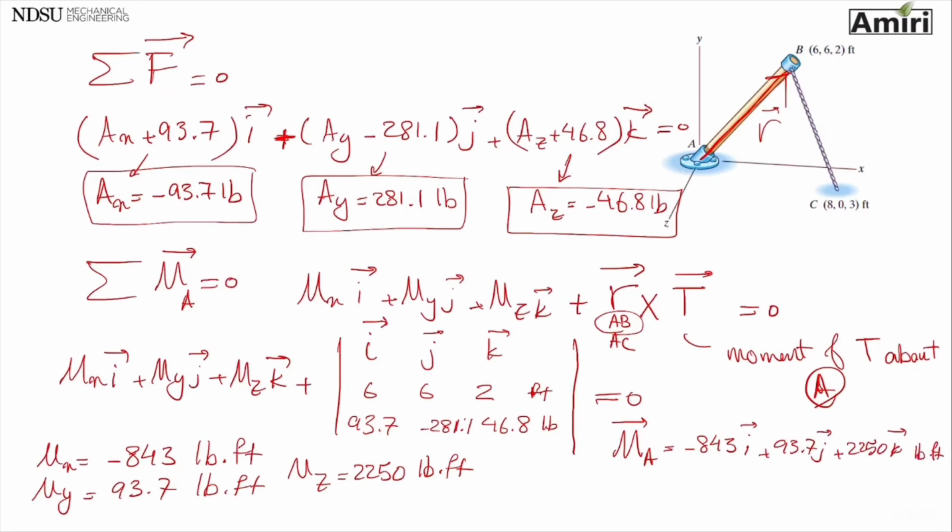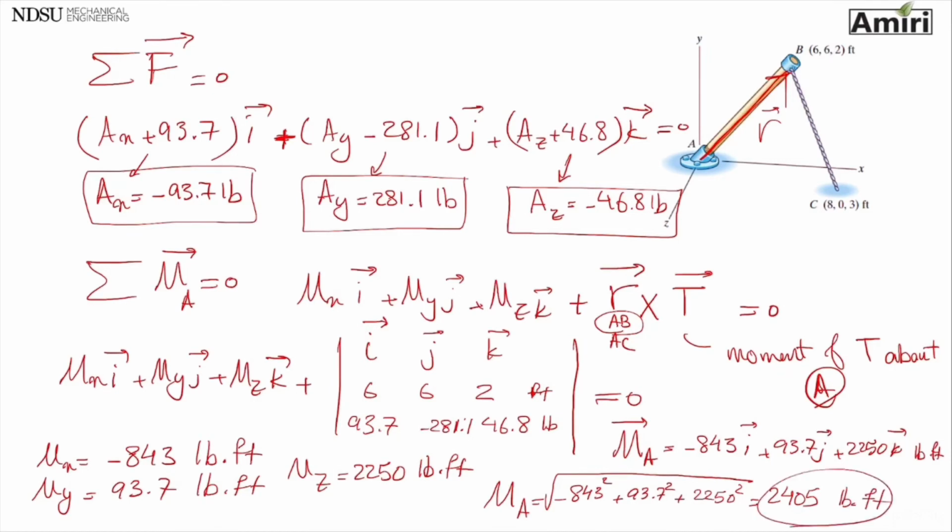So it's a vector. The magnitude of the vector, just same as before, is the square root of the components squared, which is going to be 2405 foot pound.